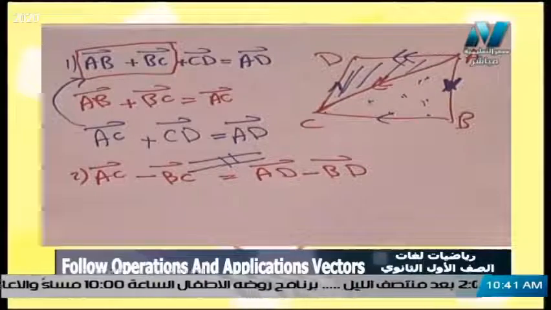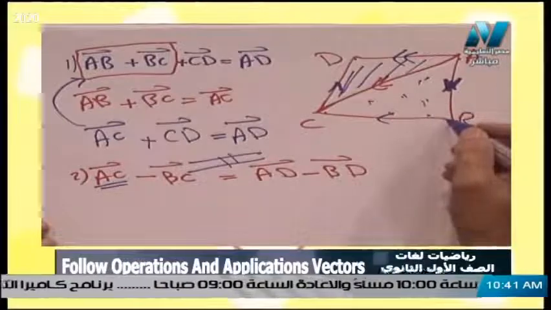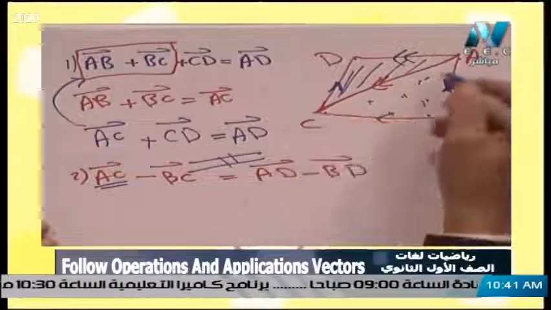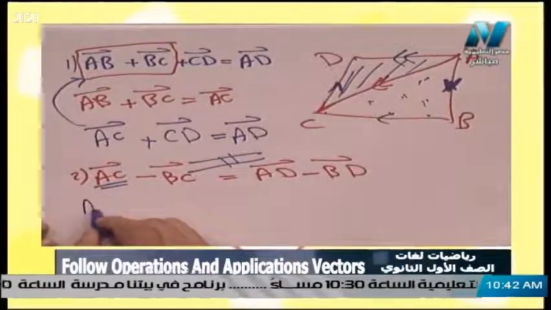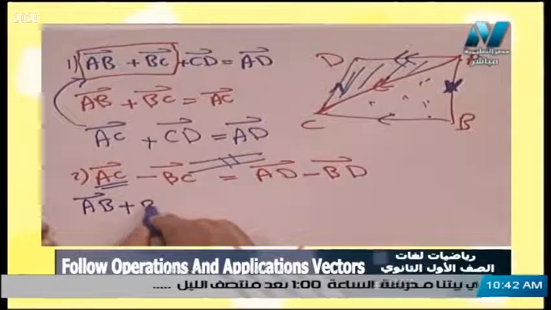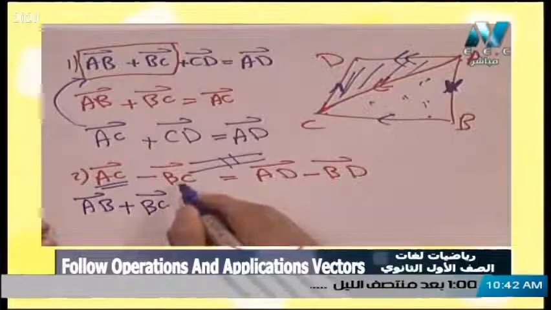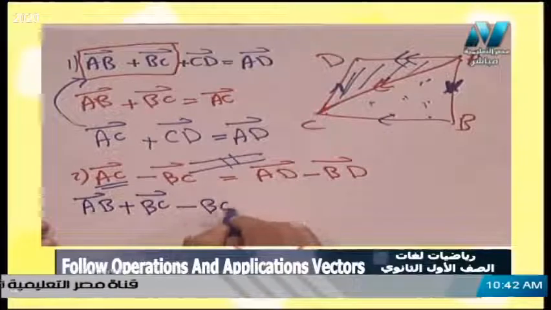So instead of AC we write the vector AB plus the vector BC, and we put minus the vector BC itself.